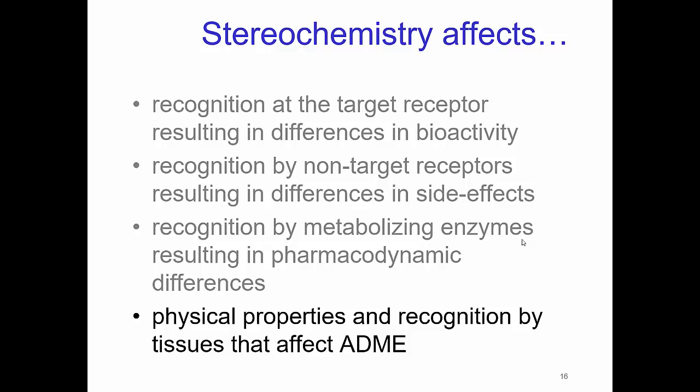And then we have elimination. When drugs are eliminated, let's just say by the kidney route, they basically all get filtered out, but then some of them get reabsorbed, right? And so if there are differences in the stereochemistry of the compounds, they could be reabsorbed differently, again leading to a different profile for the drug.